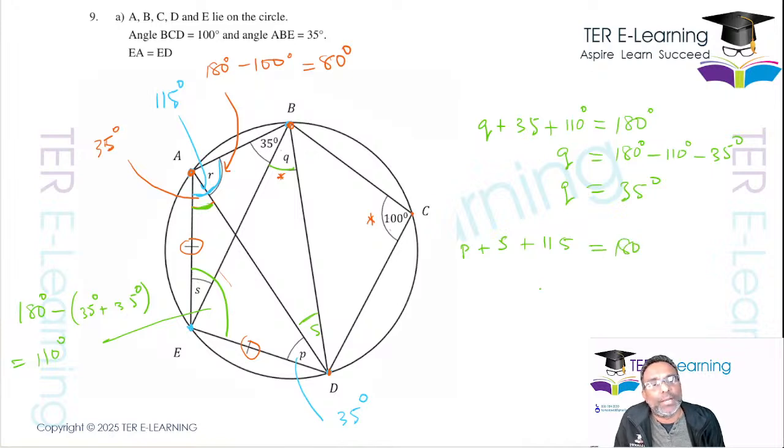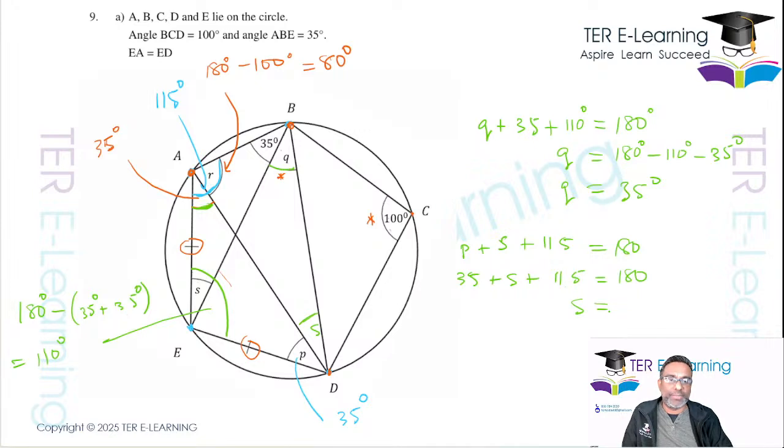I'll give you all a hard question here. So P is 35, so 35 plus S plus 115 is equal to 180. So we could work out S. S is simply going to be 180 minus 115 minus 35, and you're going to get 30 degrees. So that's my angle there.